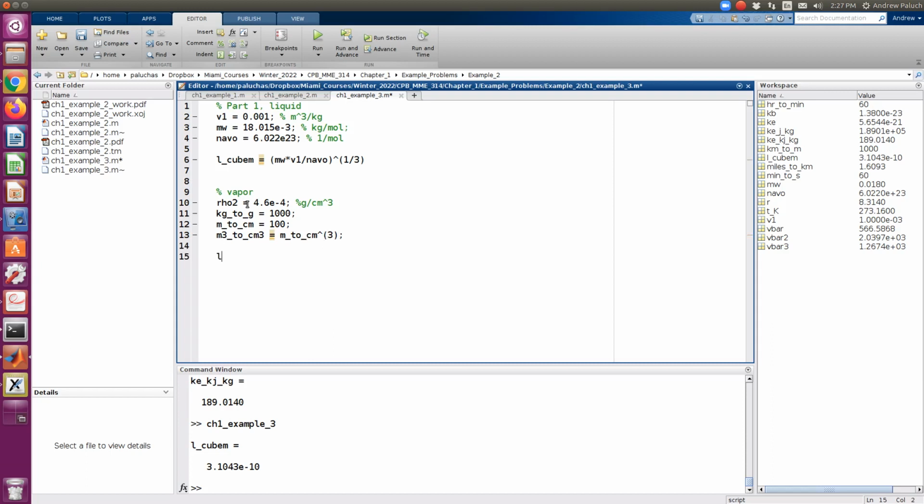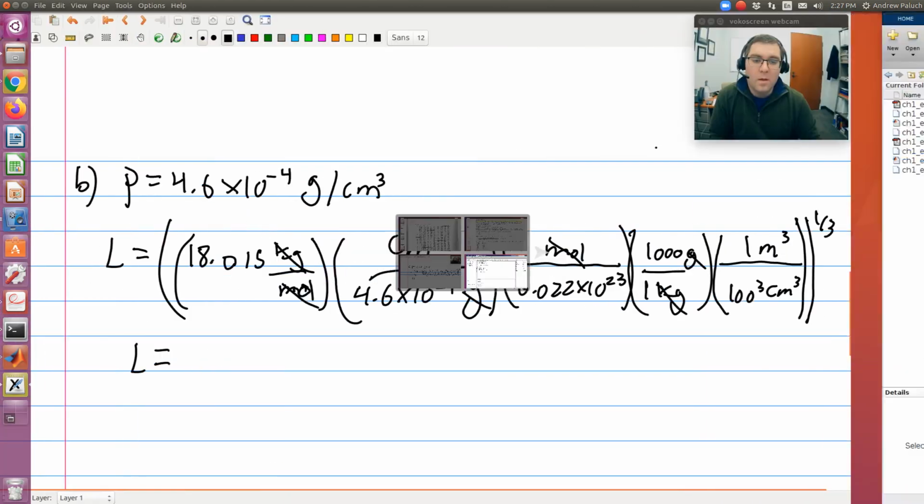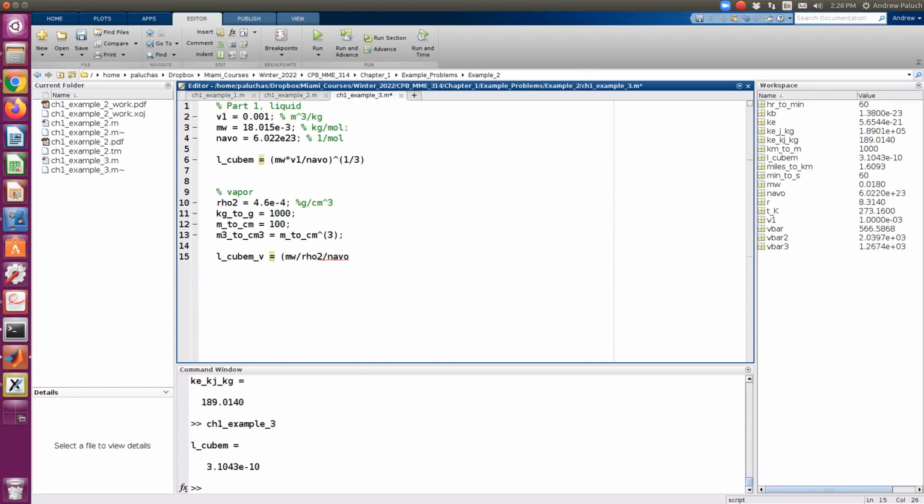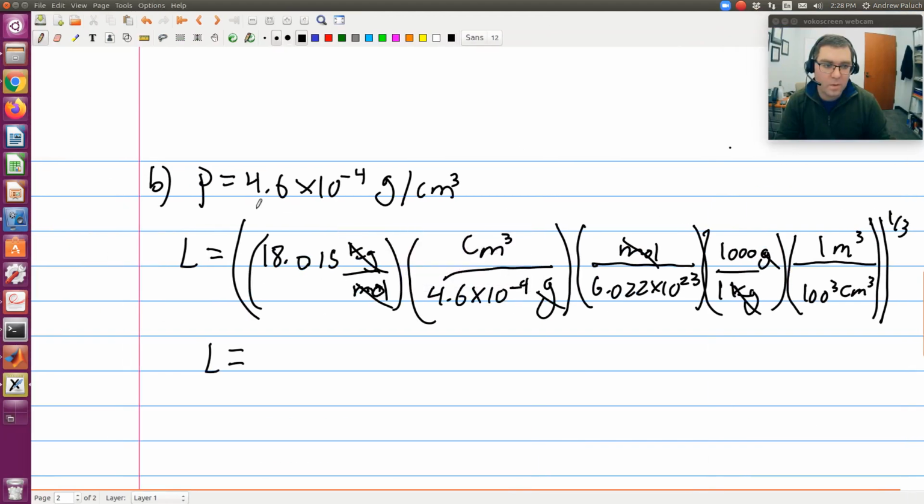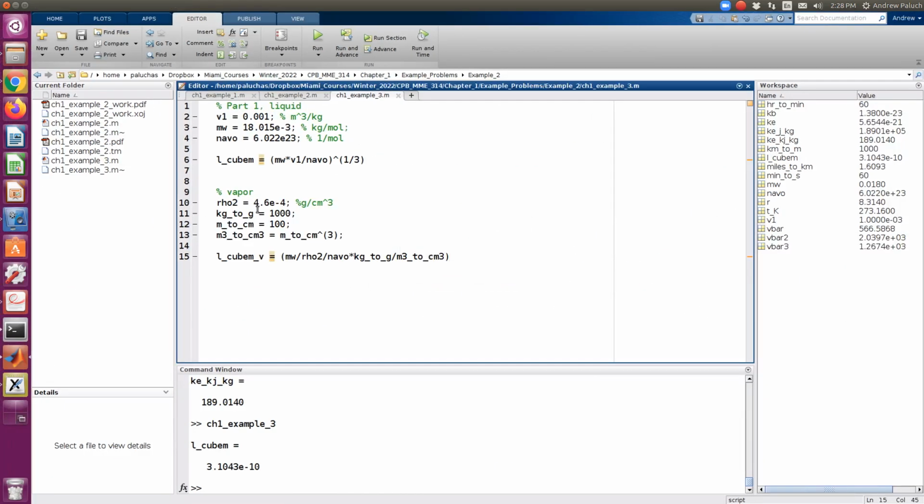Now the length, L, for vapor is molecular weight, divided by density rho 2, divided by Avogadro's number, times kilogram to gram, divided by meters cubed to centimeters cubed, and then all that raised to the 1/3 power.